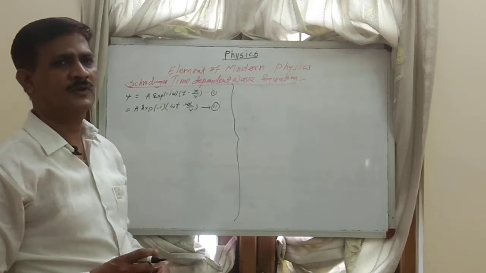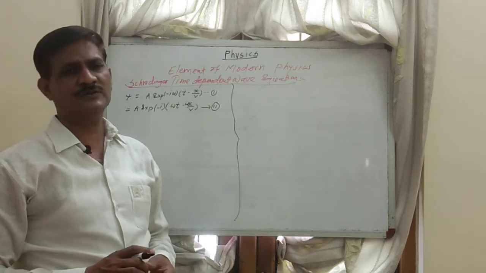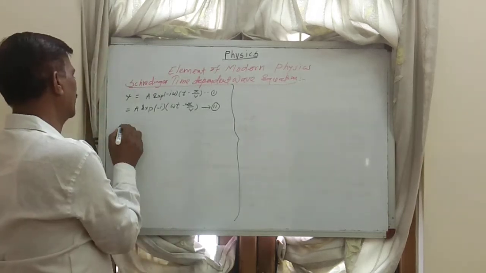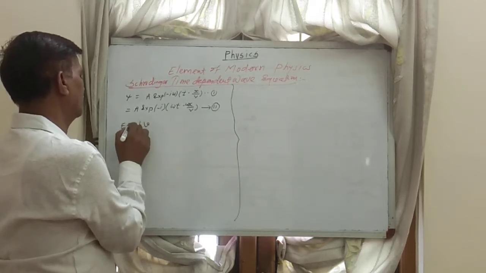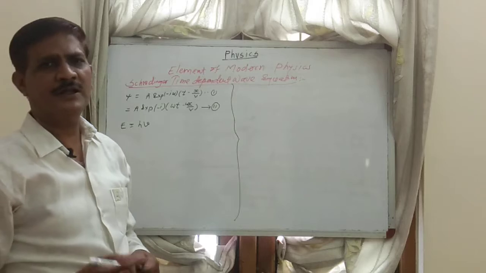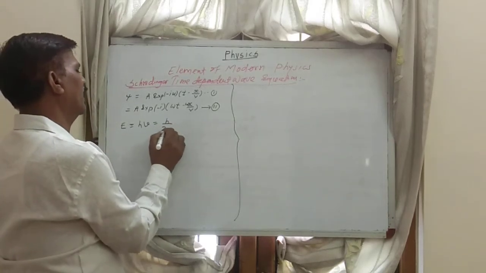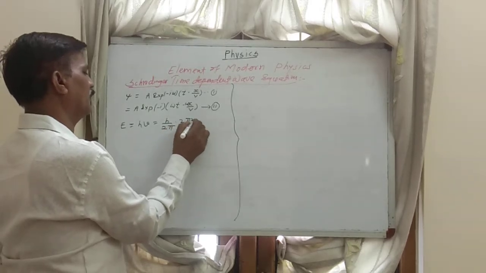For this we know already, according to Planck's hypothesis, the total energy of a photon is E equal to h nu. Here h is the Planck constant, nu is the frequency. Multiplying and dividing by 2 pi, we get h by 2 pi into 2 pi nu.